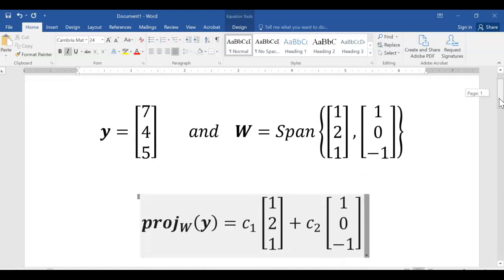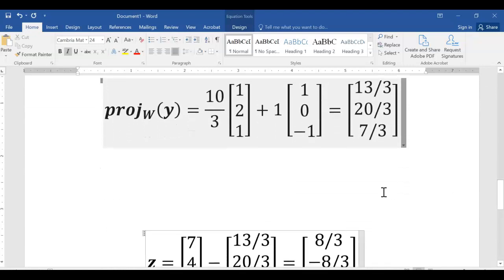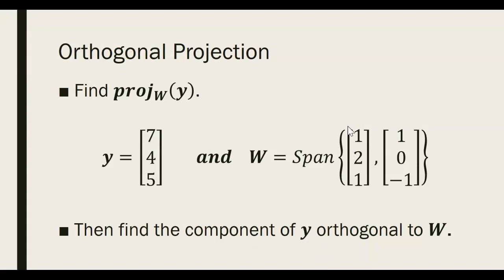So what we've done is we've broken down y into two pieces. The projection, 13 over 3, 20 over 3, 7 over 3, and the orthogonal component, 8/3, negative 8/3, 8/3, which, when you add them up, add to our starting vector of 7, 4, 5. So there you go. That's how to do orthogonal projections onto spans of a dimension 2 subspace.